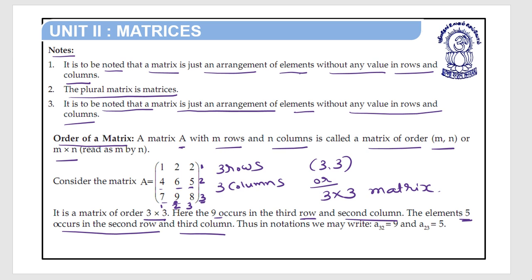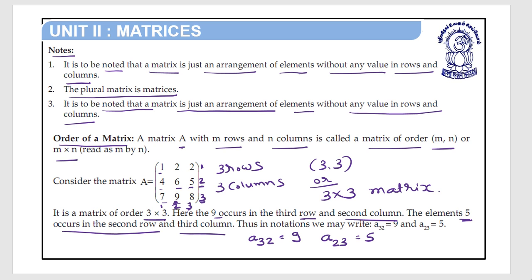Thus in notations we may write the row number and column number. So here 9 occurs at third row and second column. So A32 is equal to 9. Same way for 5 occurs at second row and third column, so written as A23 is equal to 5.